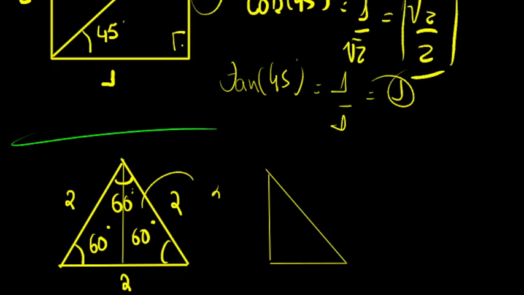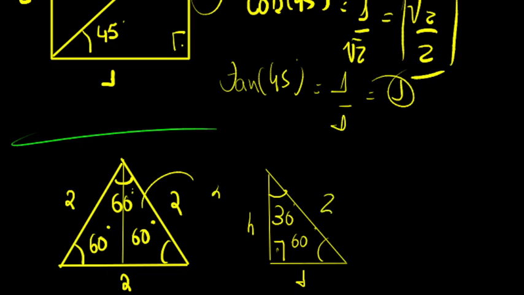I just want to draw this. It's going to be 30 because it divides the angle into two equal parts. This is going to be 60, 90. The triangle remains a right triangle. This side is going to be equal to 1. This is going to be the height of the triangle, and this side is going to be 2.